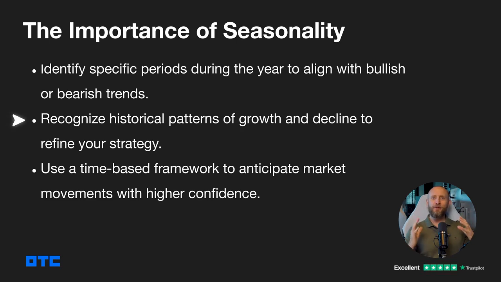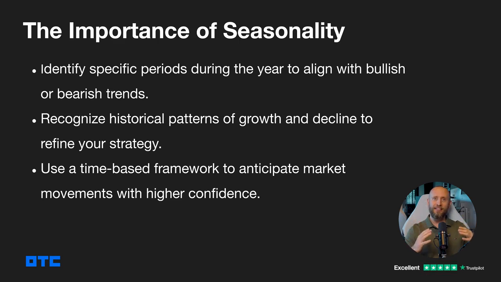By identifying historical patterns of growth and decline, we will be able to establish recurring cycles which provide a reliable framework to refine our strategy around predictable time-based trends. With the help of seasonality, we can develop a forward-looking time-based framework allowing us to anticipate market movements with greater confidence, aligning our strategy with historical probabilities.